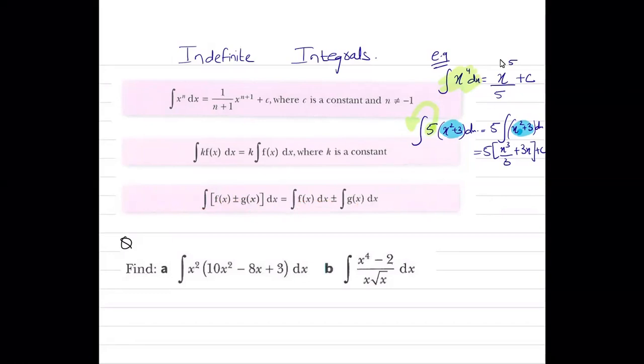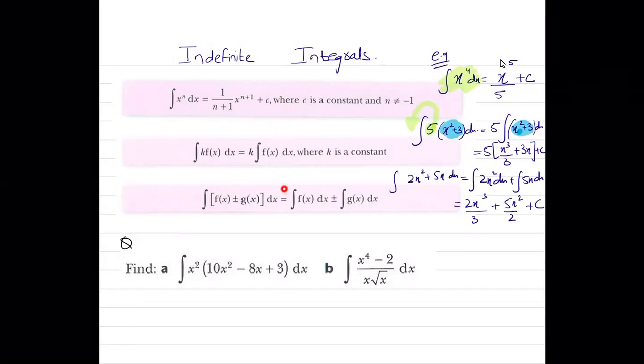For example, integration of 2x squared plus 5x dx is the same as integration of 2x squared first and then integration of 5x. So 2x cubed upon 3 plus 5x squared upon 2, and then you can add a constant of integration at the end. Are the three rules clear?